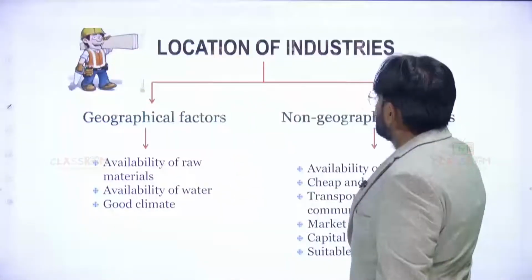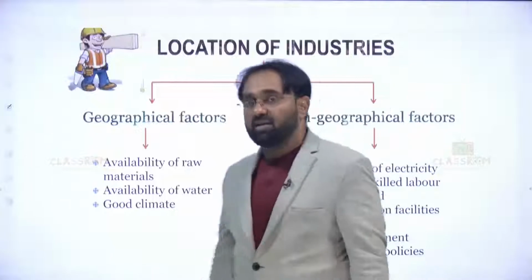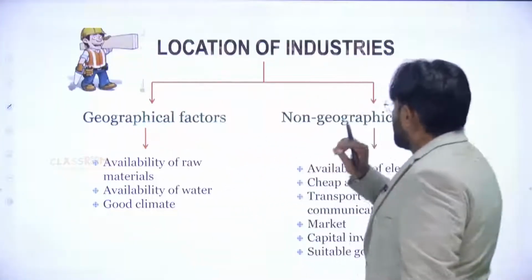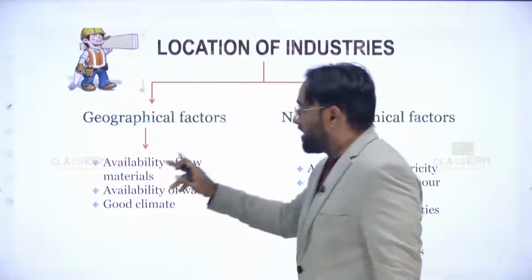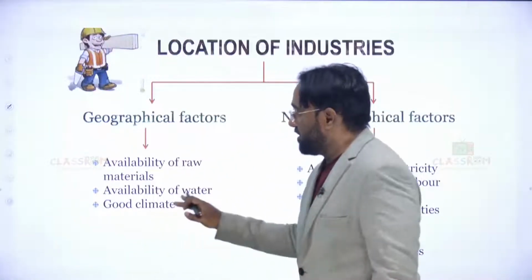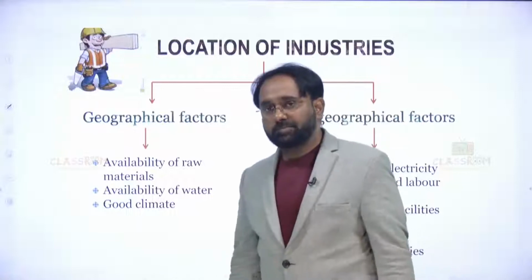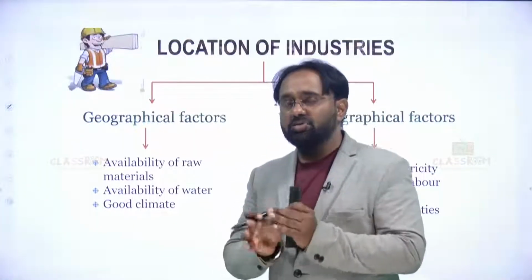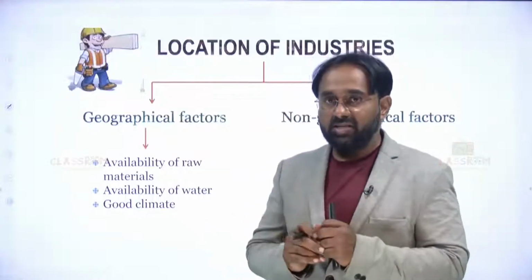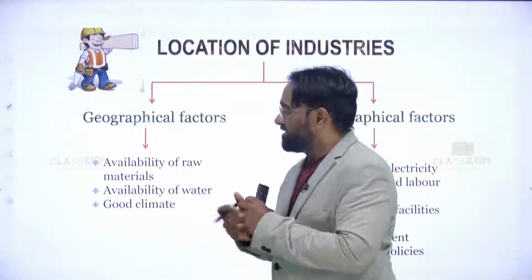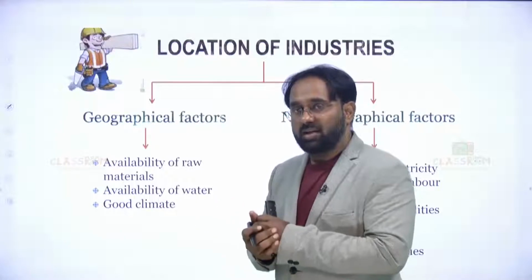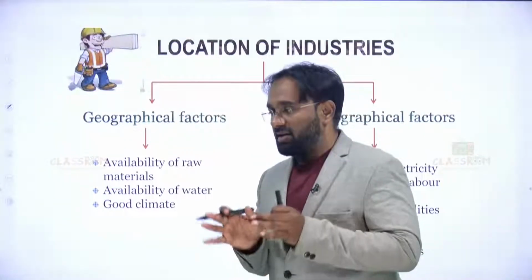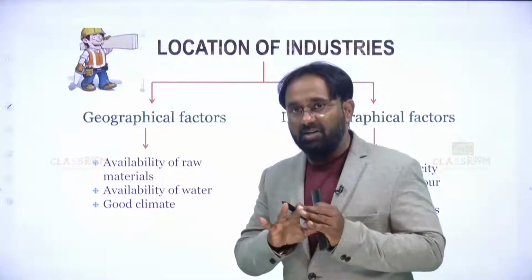The next important thing is the location of industries. There are geographical factors and non-geographical factors: availability of raw material, availability of water, good climate. In India you will see industries mostly in the coastal areas, where you will find abundant raw material, abundant water supply, and congenial climatic conditions.